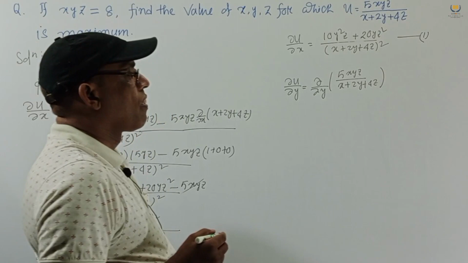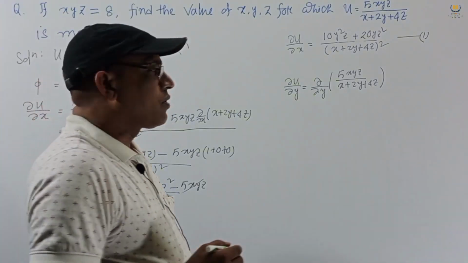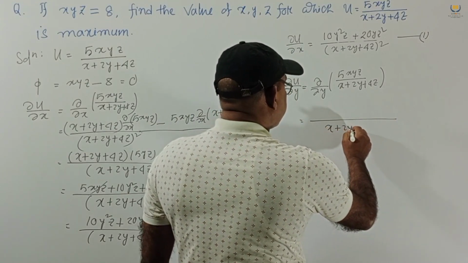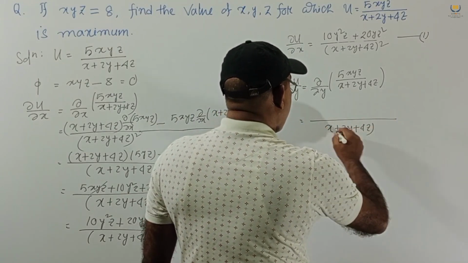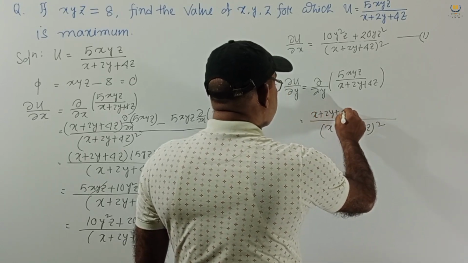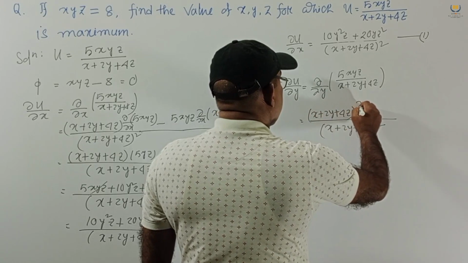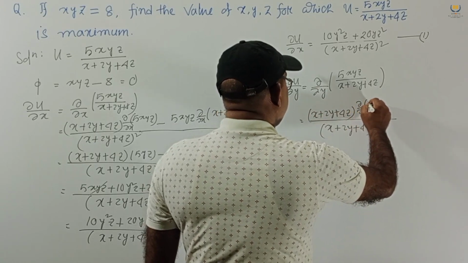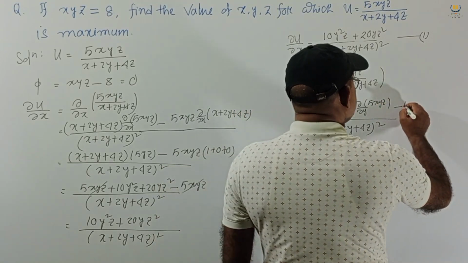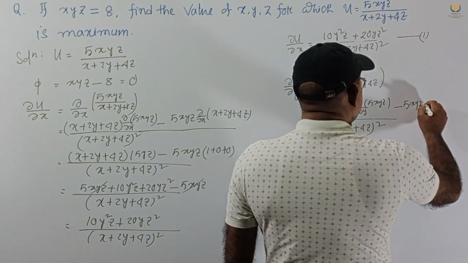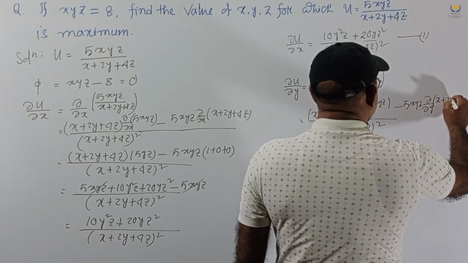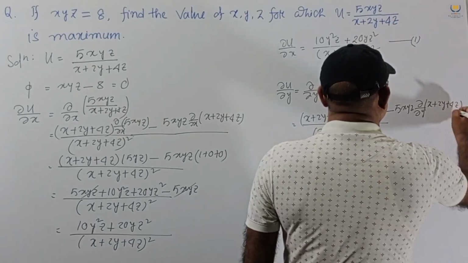Again the division rule, the quotient formula: denominator whole square, denominator times del y of numerator minus numerator times del y of denominator. We get this.